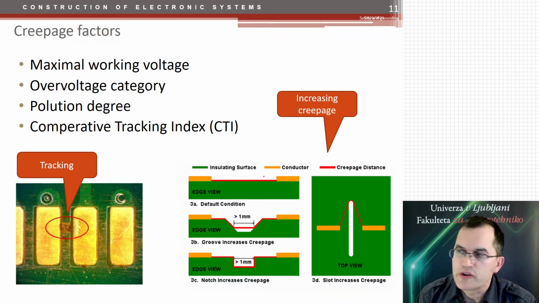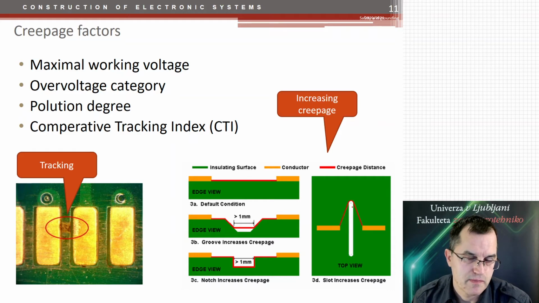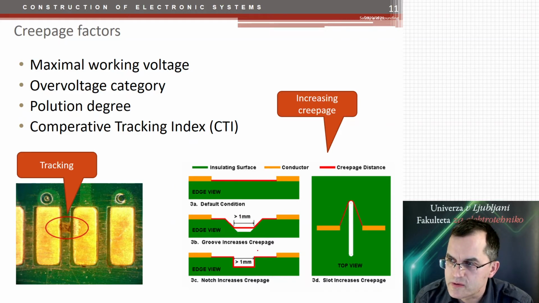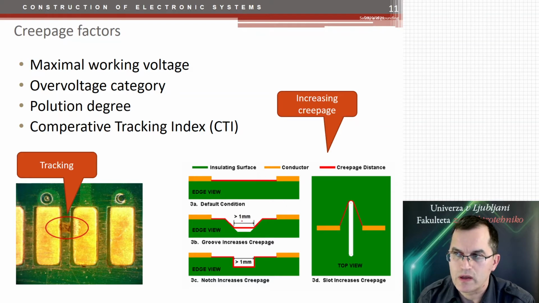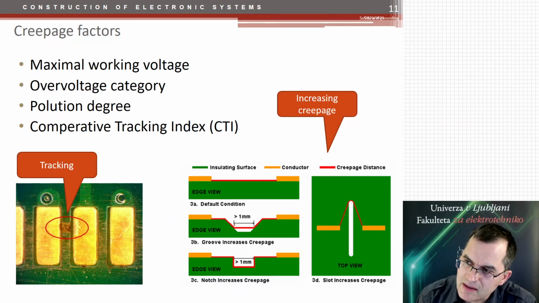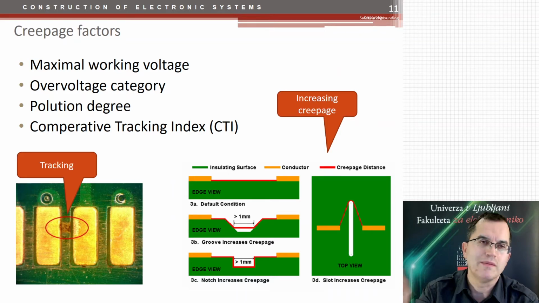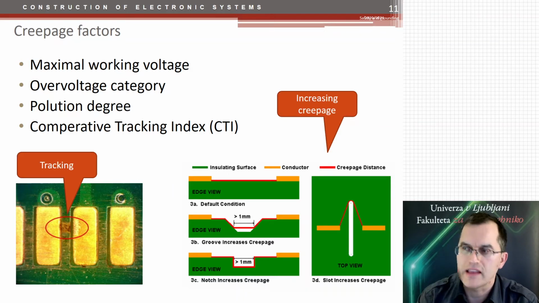If you want to increase the creepage, you can make some grooves or cutouts in your PCB. But you have to make sure that these grooves or cutouts are wider than 1 millimeter, because the creepage doesn't follow all the smallest features on your PCB; it is limited to a 1 millimeter grid. So anything less than 1 millimeter would not be accounted into the creepage distance.